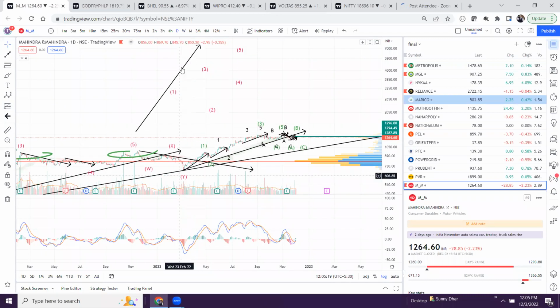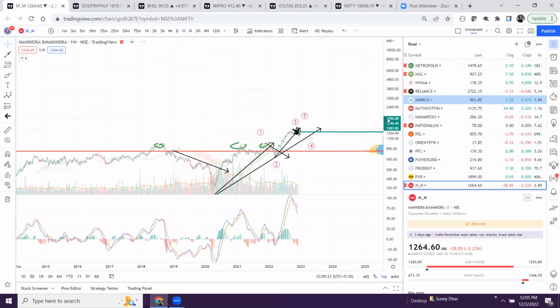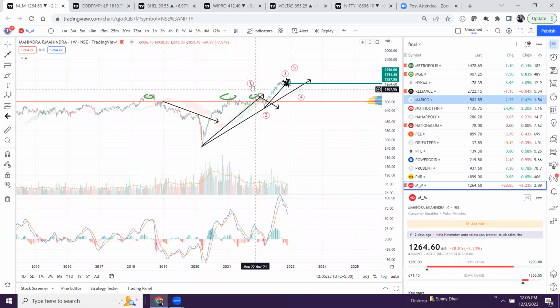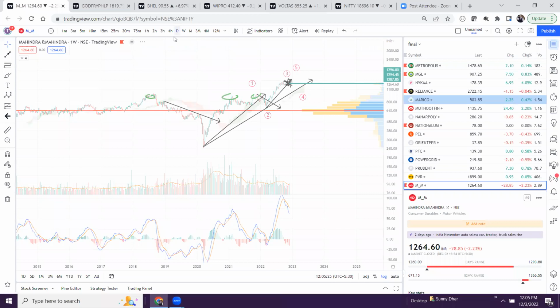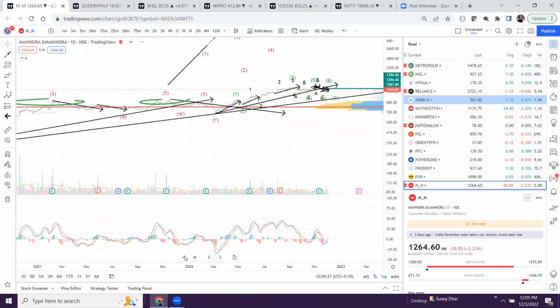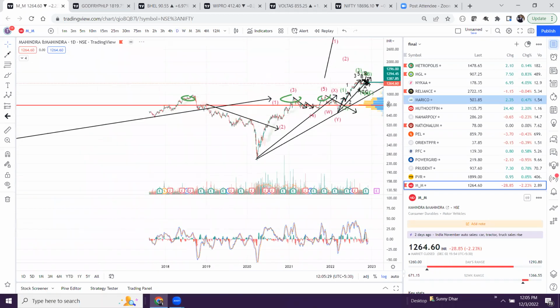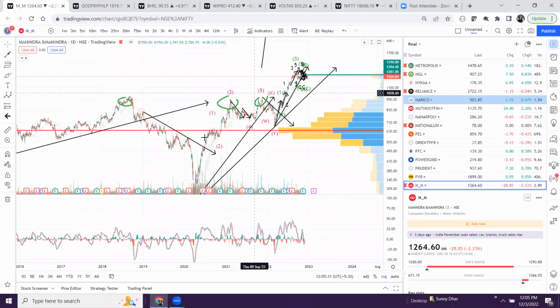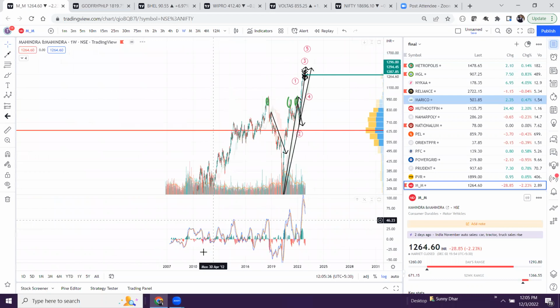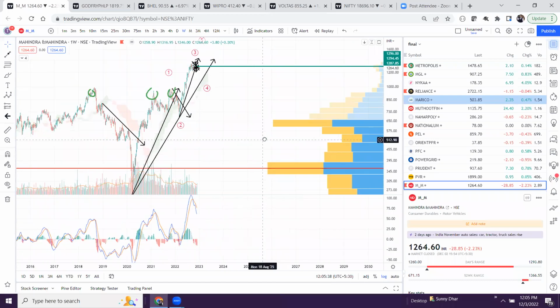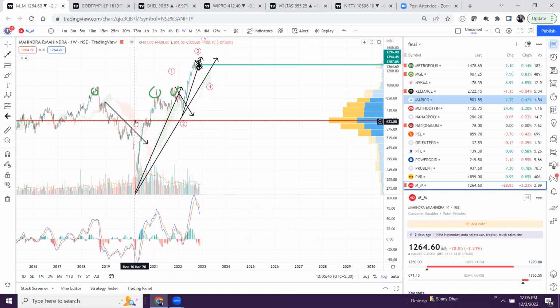But in this case, on a weekly time frame, this first impulse was divided into 5 subwaves. So you can see this 1, 2, 3, 4, 5. Internally this weekly wave one is divided into 5 subwaves: 1, 2, 3, 4, 5.